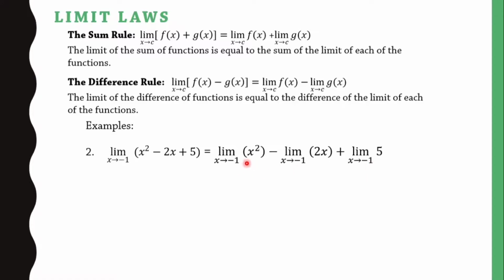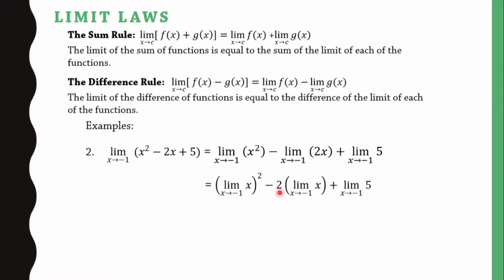Again, we can further simplify the limit of x squared using our root rule and the limit of 2x using our constant multiple rule. So the limit of x squared will become the limit of x as x approaches negative 1, squared, because we're taking out the exponent, minus the limit of 2x, where we take out 2 as our constant multiple.